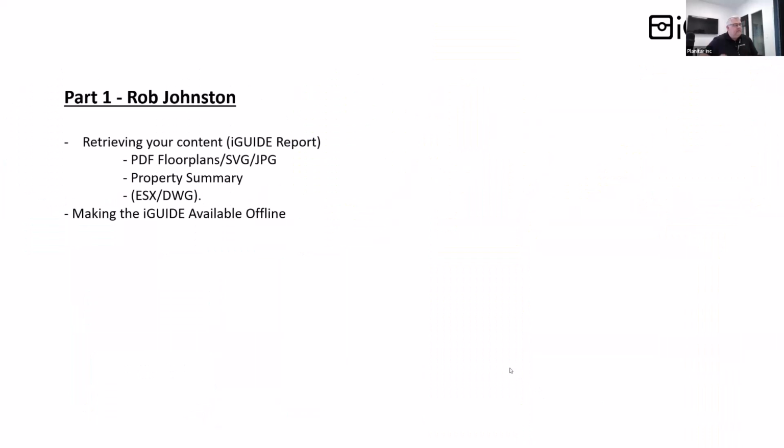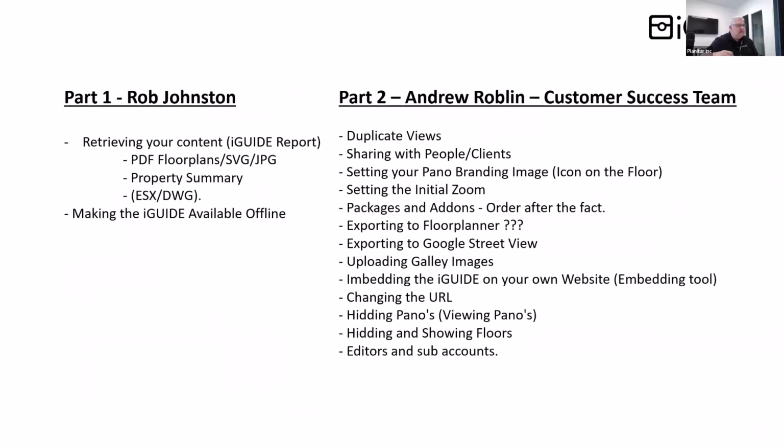Again, I'm Rob Johnston. I've been here all week. I'm going to be going through retrieving your content and making your iGUIDE available offline. And then Andrew from our customer success team is going to be going through quite a wide range of things that you can do with the iGUIDE on the management side, sharing side, and customization side.